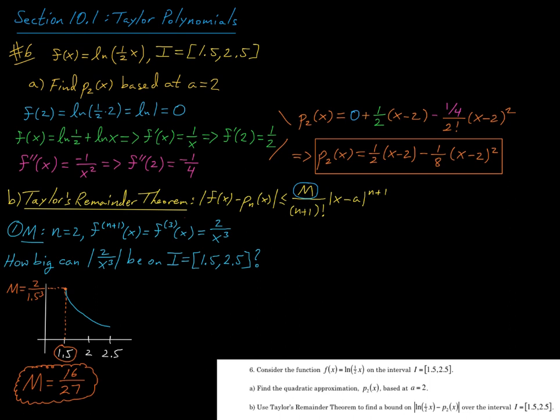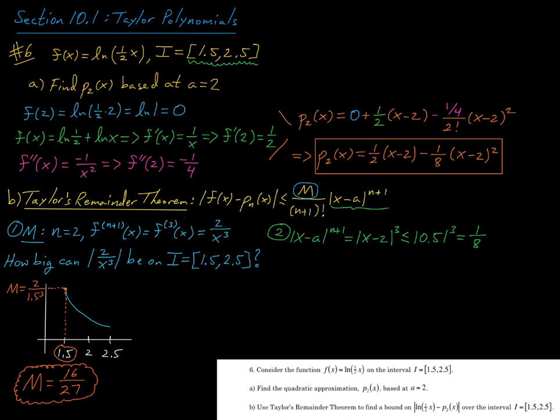And then the other step we had to take was in finding a bound on this portion, the absolute value of x minus a raised to the n plus first power. Well, here a is 2, and n plus 1 would just be 3. So we're looking to bound the quantity x minus 2 in absolute value cubed on this interval, as x varies from 1.5 to 2.5. Okay, so how big can x minus 2 be?